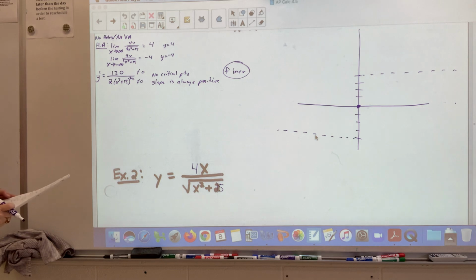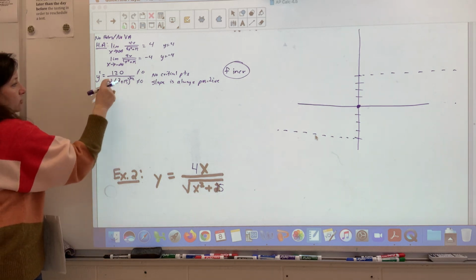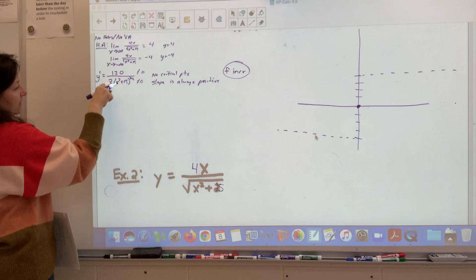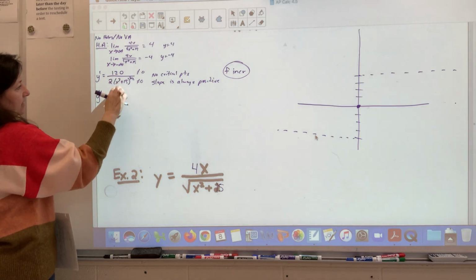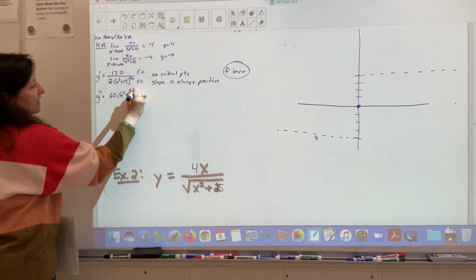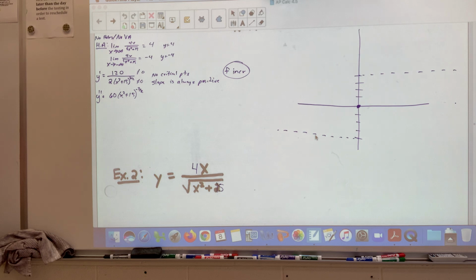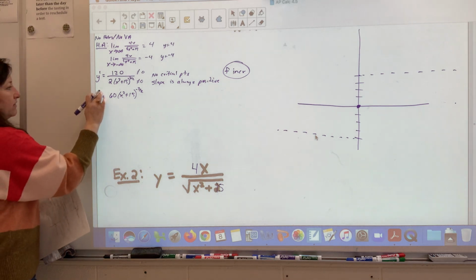So let's continue on. We need our second derivative. So I'm going to rewrite this. 120 divided by 2 is 60. X squared plus 15. I want to avoid the quotient rule, so I'm going to write it as negative 3/2, so I don't have to use the quotient rule. So now let's get the second derivative.